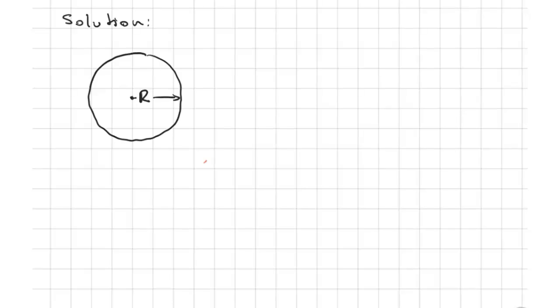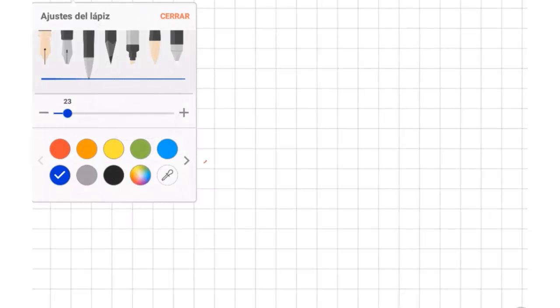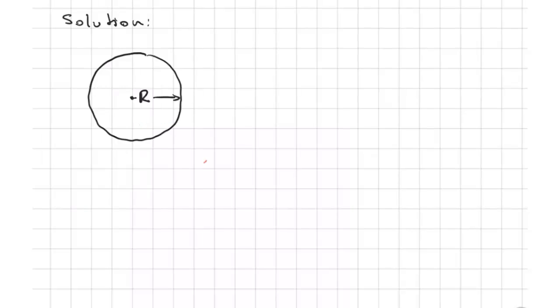we are gonna draw a Gaussian surface. It could be inside, for example, with radius r, or let me do this again.